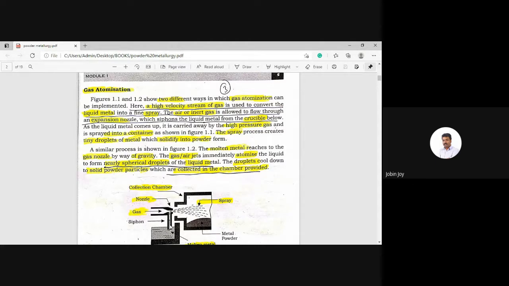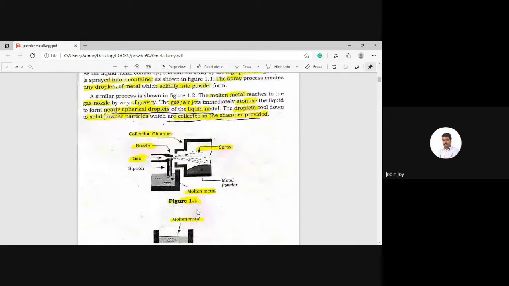As the liquid metal comes up, it is carried away by this high pressure gas, and the liquid metal is sprayed into the container. Because of this spraying process, tiny droplets are created. The dotted line represents the tiny droplets of metal, which solidify into powder form, and this powder is collected in the collection chamber.